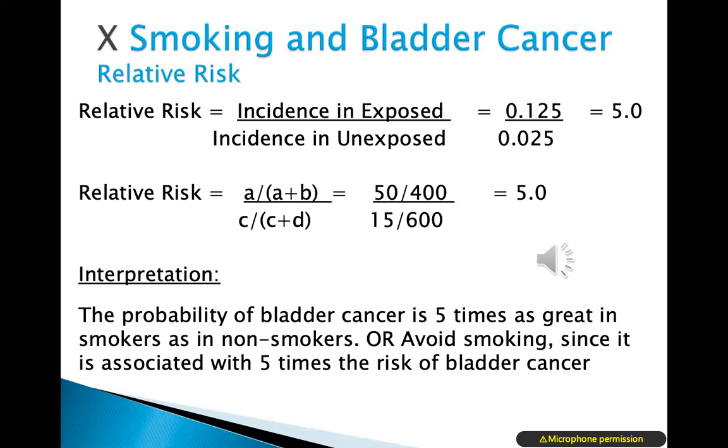So it's important, again, to interpret this by stating the conclusion in the precise words that are correct. The interpretation of a relative risk of 5.0 in this particular disease and risk factor is that the probability of bladder cancer is 5 times as great in smokers as in non-smokers.